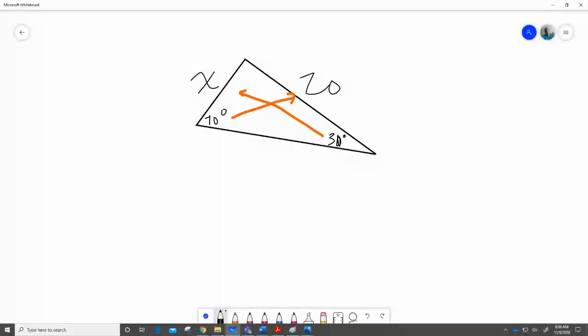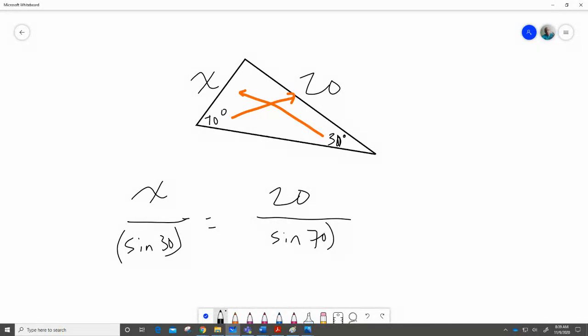So we have to work it in the fraction where we have the side and then the sine of the angle. So what we're going to have here is x, we're going to put that over sine 30. And that's going to equal the other side, 20 divided by sine 70.